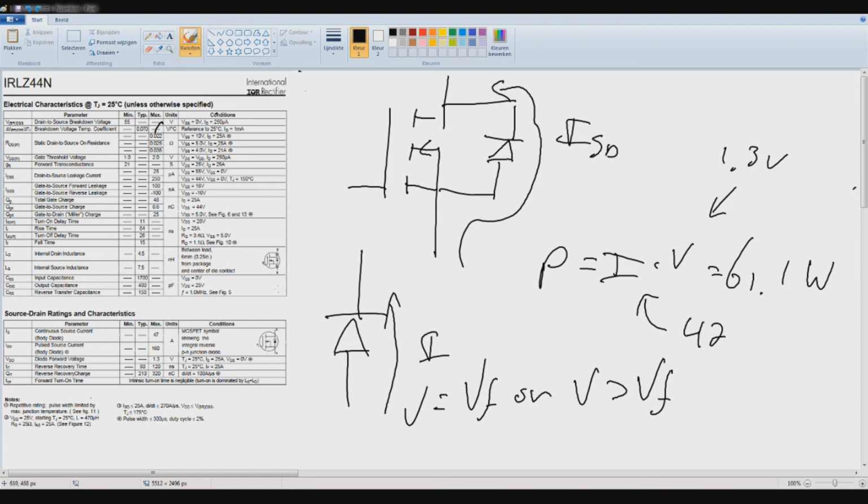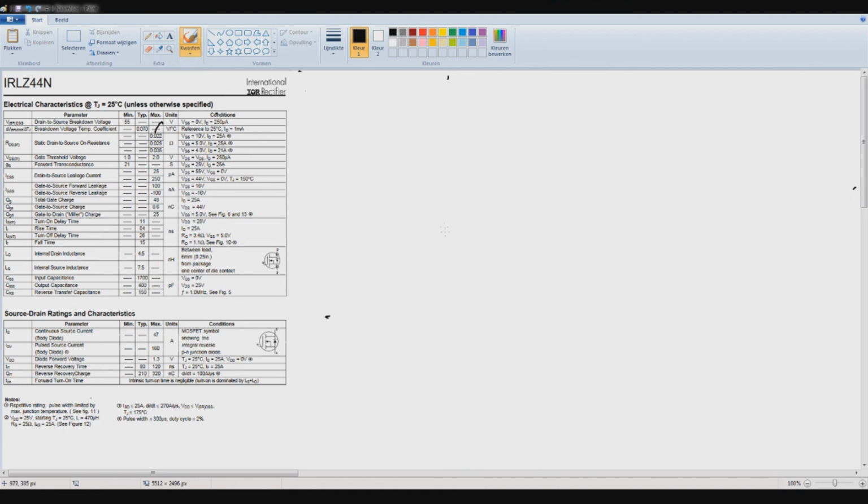And that's basically because you hopefully know what inductance does. If not, let's make a graph of the current through an inductor.